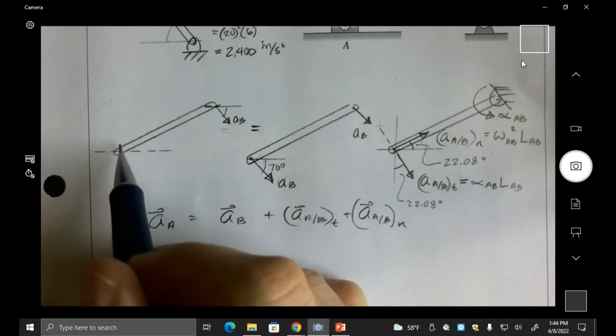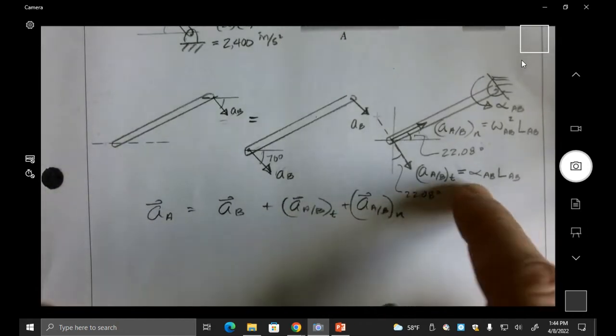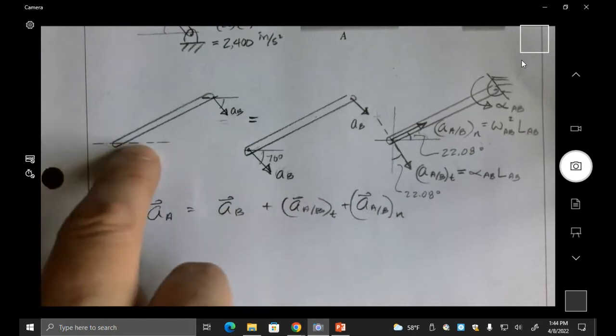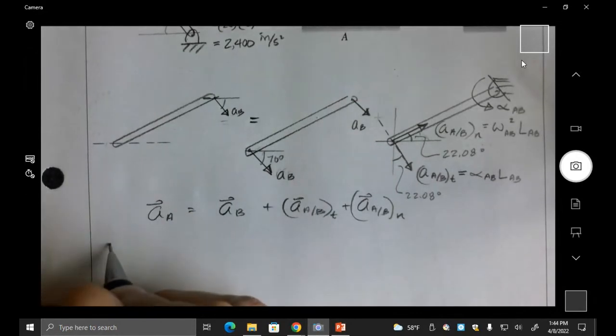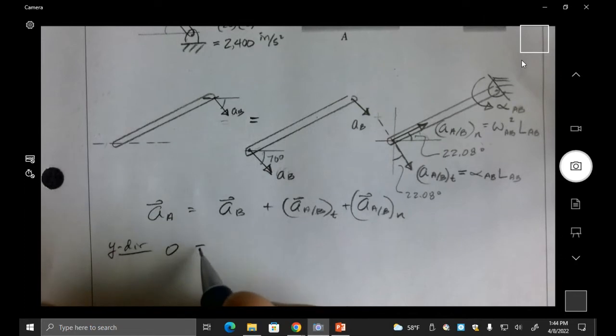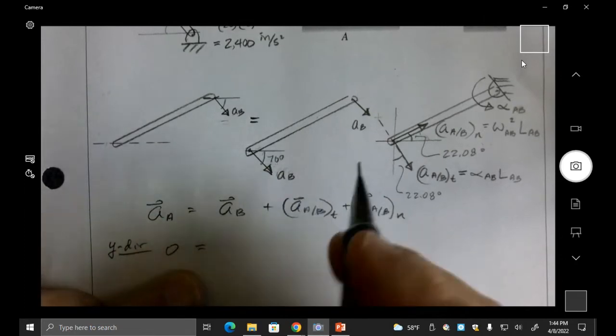From experience, the y direction is the thing that's going to let us find the unknown, because in this case the acceleration has to be in the x direction. So we get to put a big old 0 here at the front. And this is going to be negative direction.